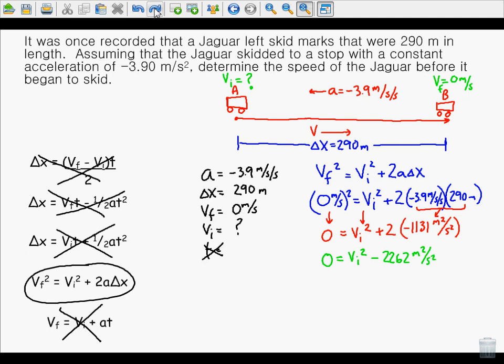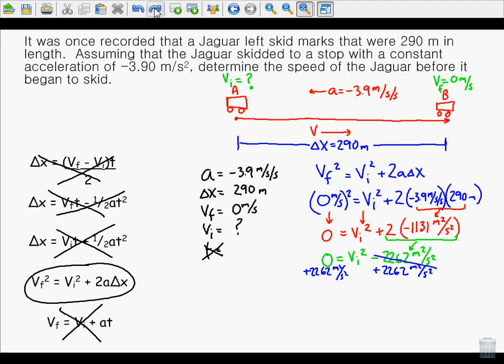Okay, so since I want to figure out what initial velocity is, I'm going to move my 2,262 from one side to the other of that equal sign. So this is what's called isolating the variable. So I'm going to do that by adding 2,262 meters squared over seconds squared to both sides of the equal sign.